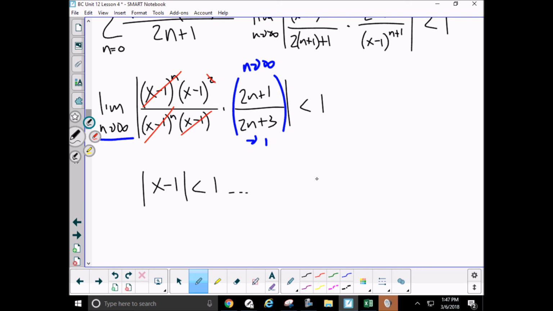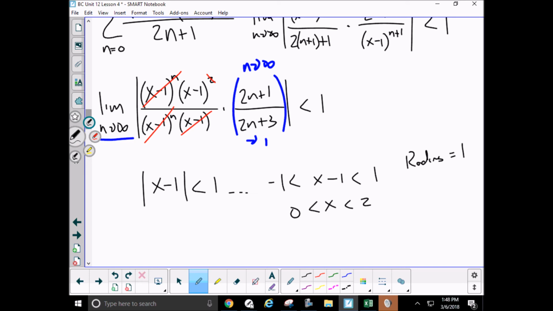That gives me x minus 1 has to be between negative 1 and 1. So my radius of convergence is 1. I add 1. x has to be less than 2 and greater than 0 for absolute convergence.